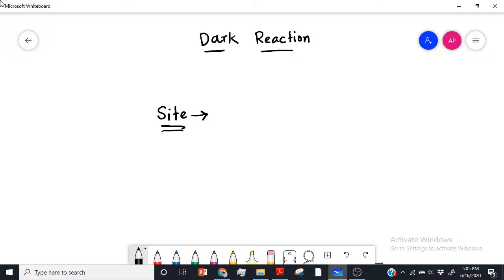What is the other name for dark reaction, or what is the more appropriate name for it? Then we will talk about the site of dark reaction, and then we will get a brief overview of dark reaction.